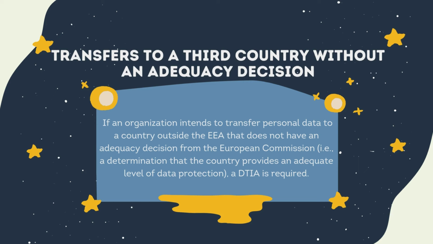For example, if an organization intends to transfer personal data to a country outside the European Economic Area that does not have an adequacy decision from the European Commission, that is a determination that the country provides an adequate level of data protection. In that case, a DTIA is required, right?